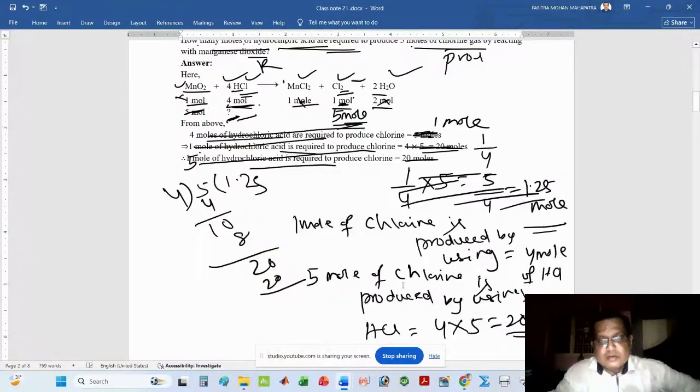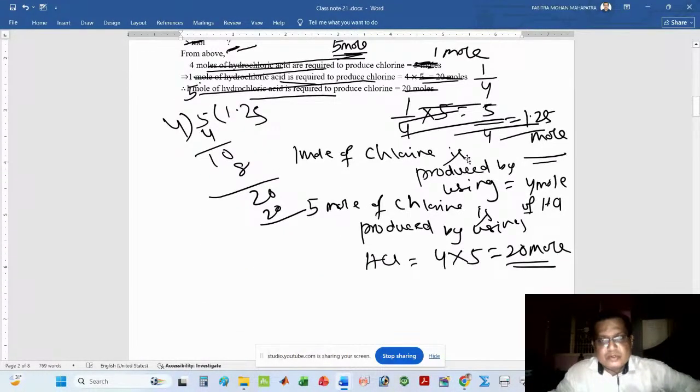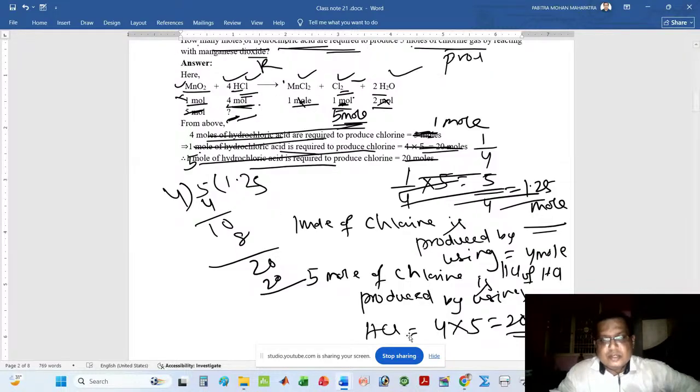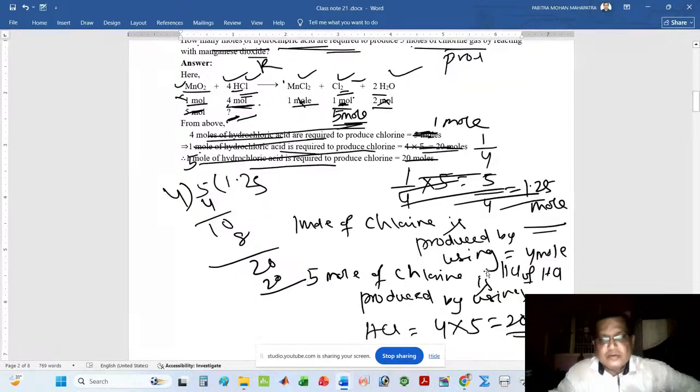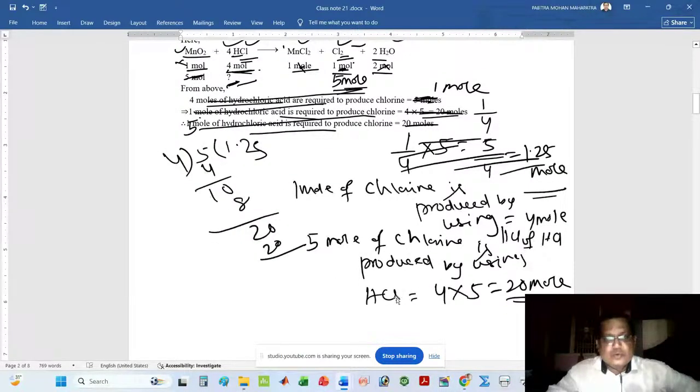Here you can see 1 mole of chlorine is produced by using how much HCl? 4 mole. 5 mole of chlorine is produced by using how much HCl? 4 into 5, 20 mole of HCl is required.